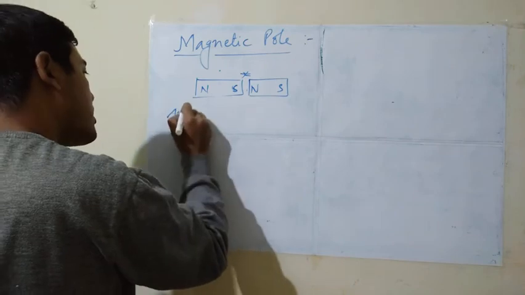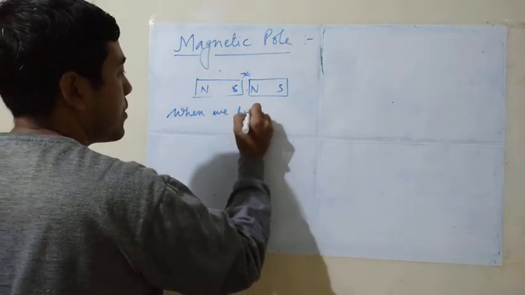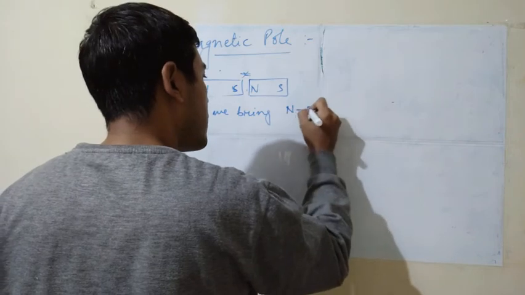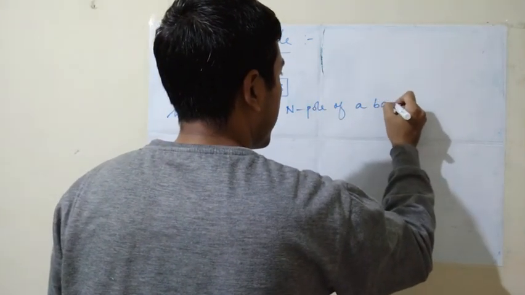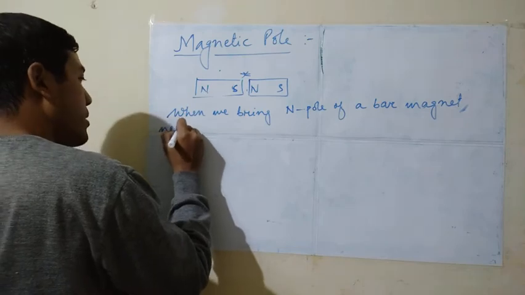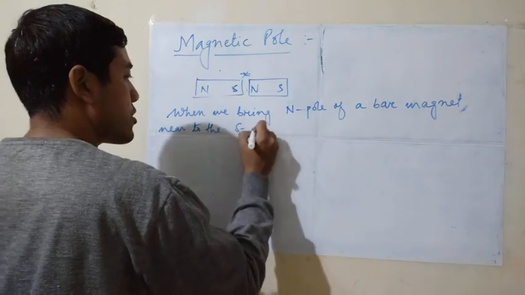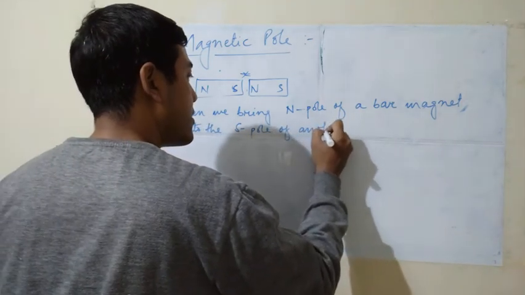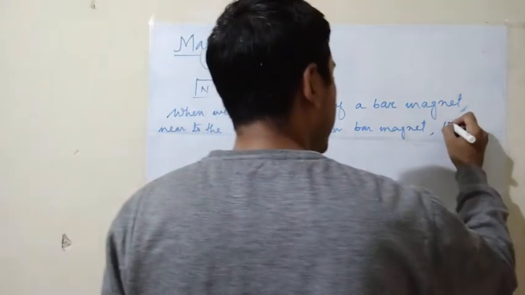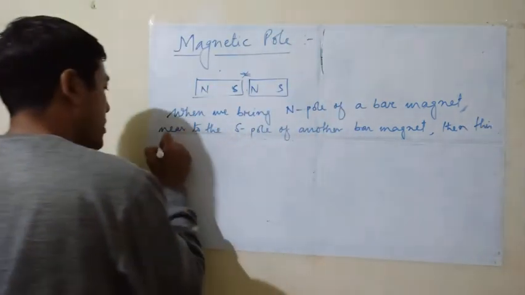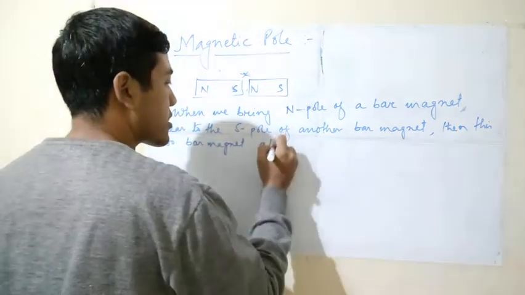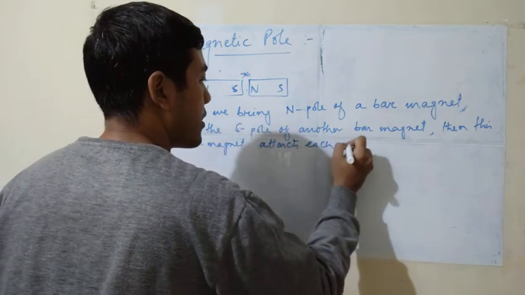Okay, that means when we bring the north pole of a bar magnet near to the south pole of another bar magnet, then these two bar magnets attract each other.